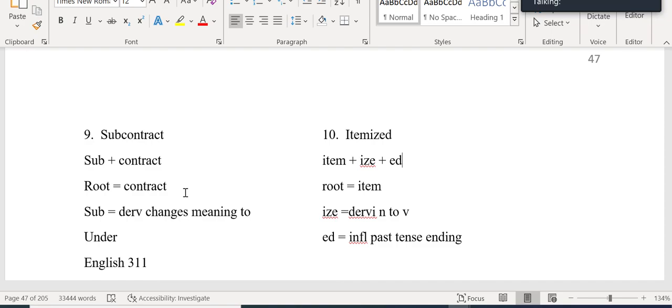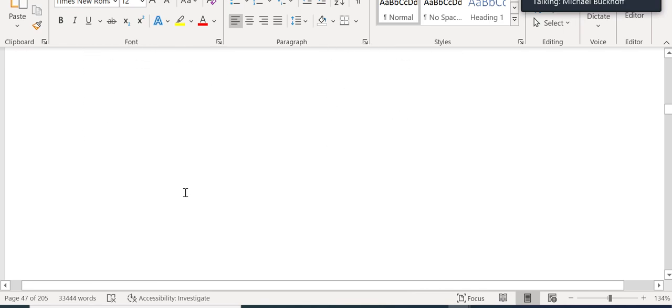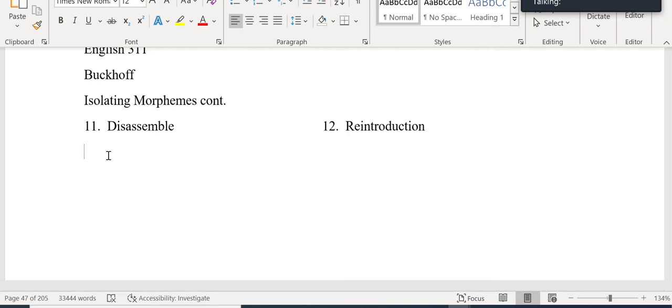Okay, let's try another one here. See what we can get. So, disassemble. How many do we have here? I would say 2. Yeah, that's what I'm thinking.